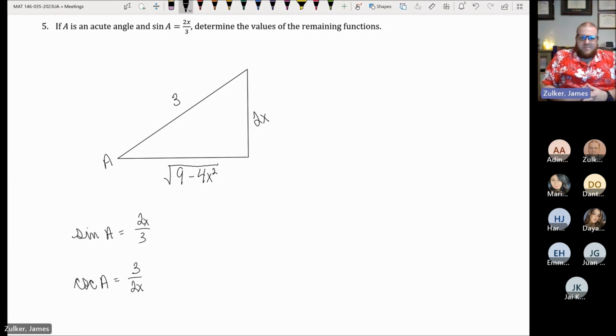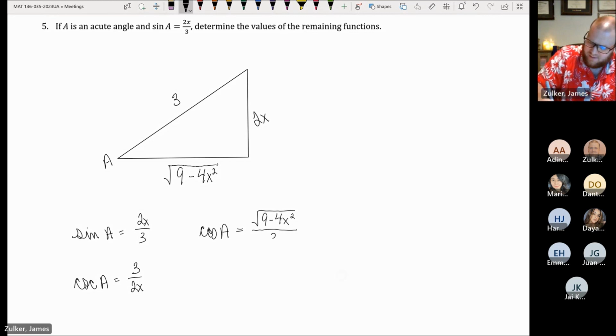It has to be 3 over 2x. Cosine: adjacent over hypotenuse.